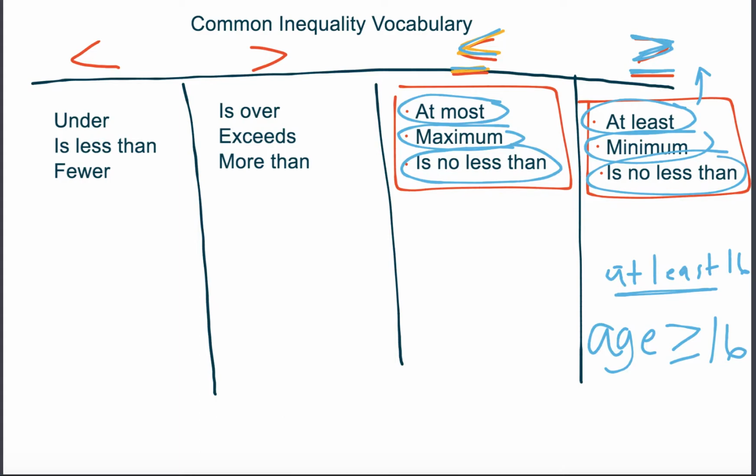In other words, you could also say that the minimum age for driving is 16. So, although these words can sound kind of confusing, it's important to keep in mind that there is this sort of switch and to be aware of that when you're solving problems. As you practice and solve more problems, this will make more sense.